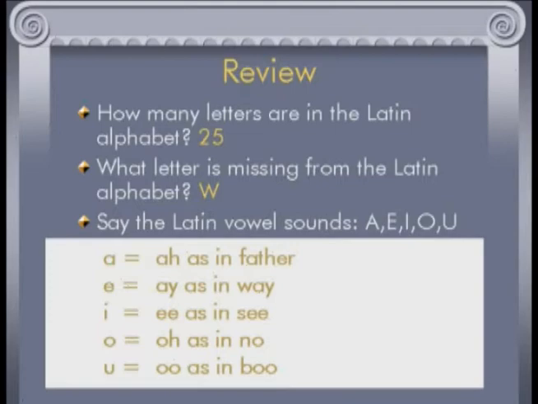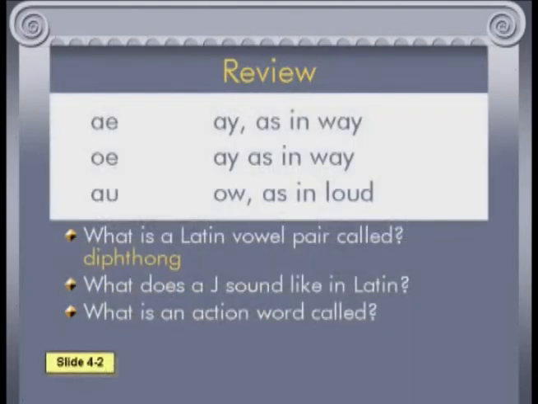And the vowel pairs are called what? Correct, diphthongs. We know that the diphthongs AE and OE have the A as in way sound, and the diphthong AU has the OW as in loud sound.